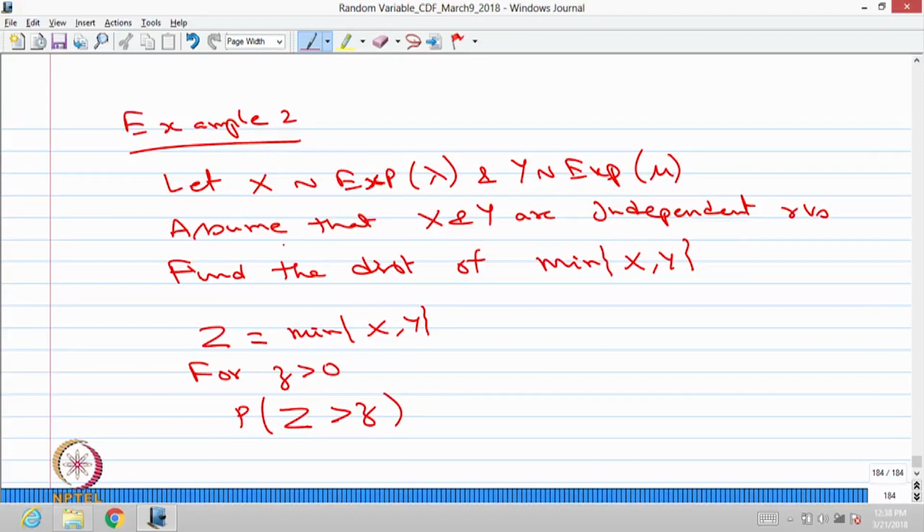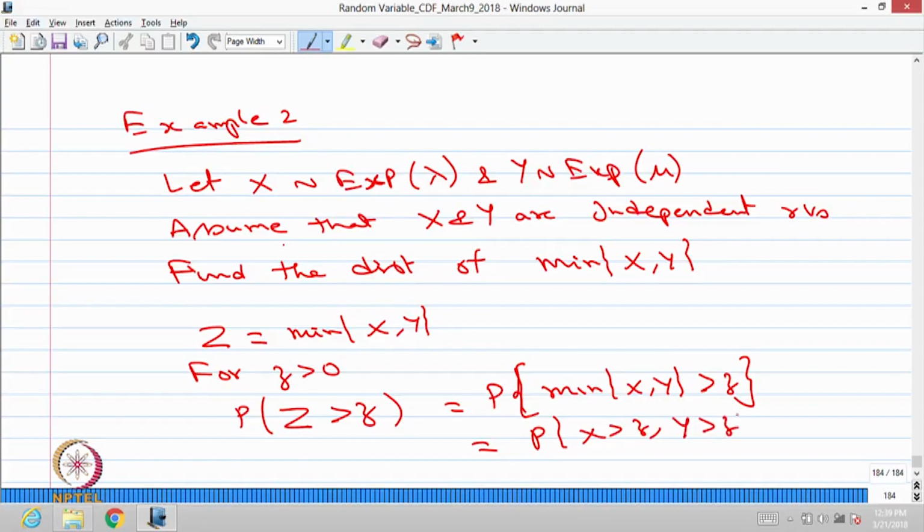That is the same as the probability that the minimum of X comma Y is greater than small z. Since the minimum is greater than z, each random variable is also greater than z. So that is the same as P of X greater than z and Y greater than z.